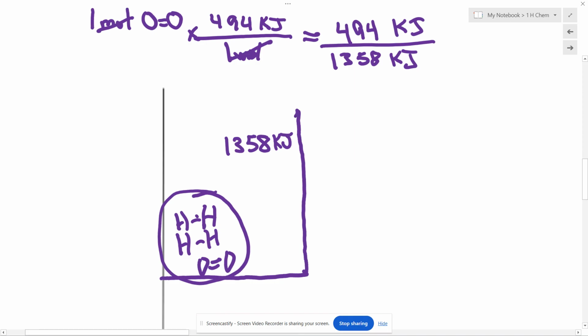That amount of energy from here on our y-axis to here on our y-axis, that is the amount of energy we have to put in. It's 1,358 kilojoules. Sometimes that amount of energy is referred to as the activation energy.